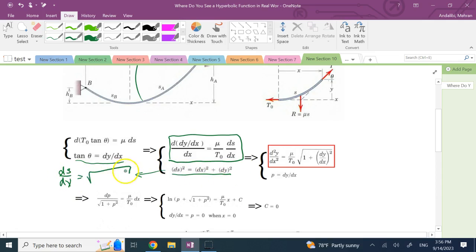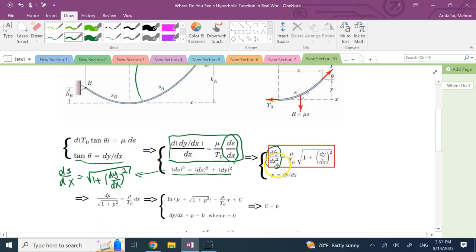To be the square root of 1 plus dy over dx squared. Okay, so this is this term that I'm going to replace. And if you do that, you get this equation in the red box. This is your governing equation, all based on y and x.